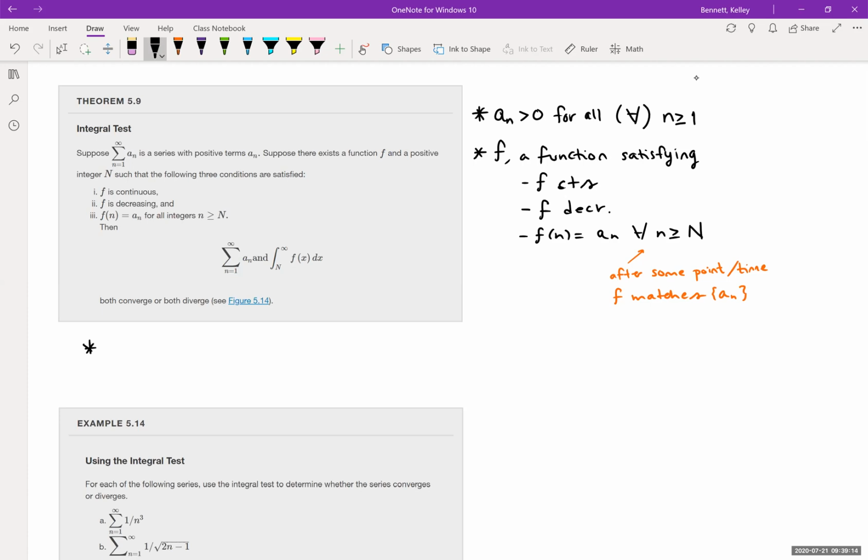Another thing to note, it doesn't mean that the integral and the series have the same value. Sure, they're both going to converge or both diverge, but when they both converge, they may have different values.